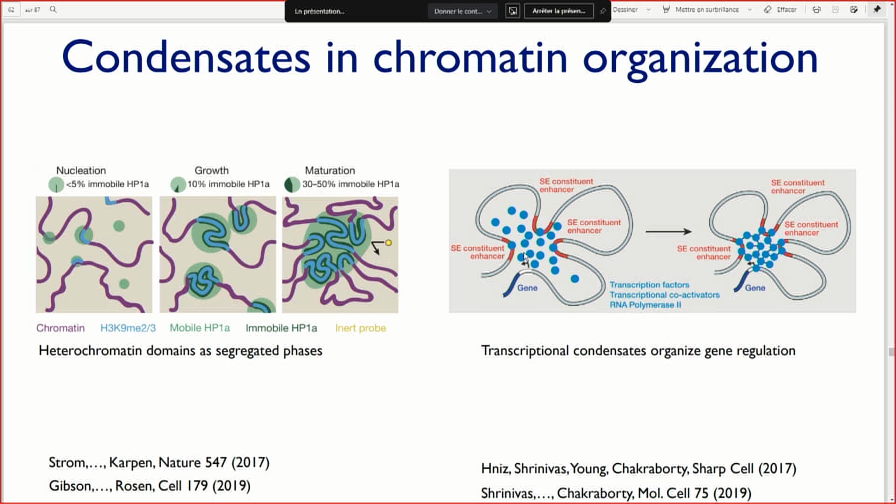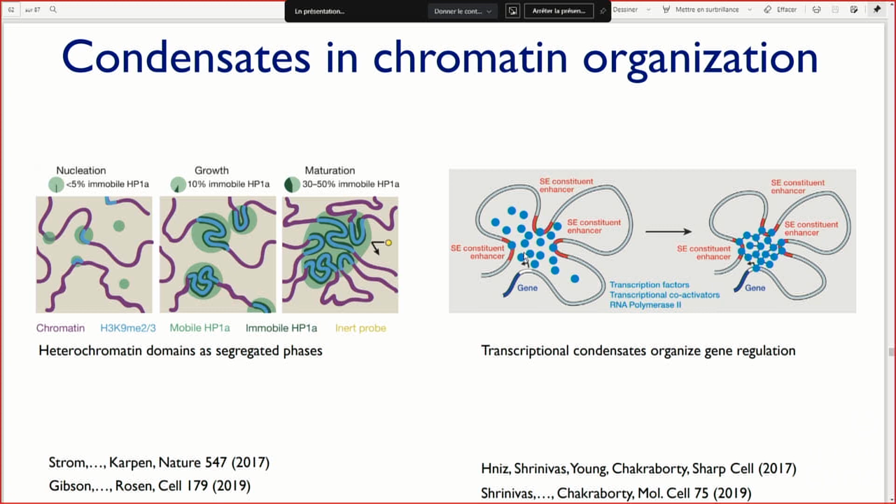There's an emerging picture that condensation is a key concept to understand the formation of such domains and the organization of some domains. So the physical chemistry is very complex, but it's phenomenologically a condensation phenomenon, and it's out of equilibrium, and the concepts of condensates will be important here and are now more and more studied.